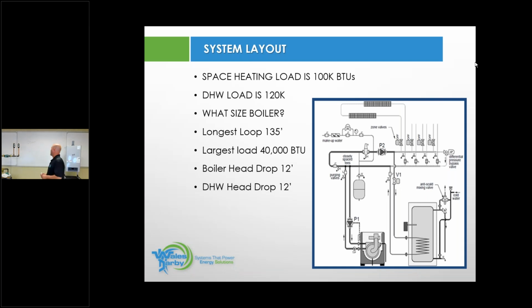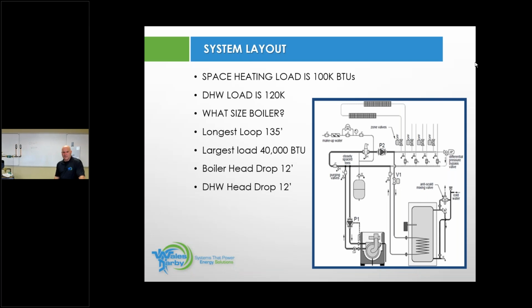All right, so we'll help here a little bit. 20-degree delta T, 20 times 500 is 10,000. 10,000 divided into this becomes this. So we have 12 gallons per minute. That's half of the equation. If you're looking at your circulator chart, you're going to go to 12 on the bottom of that chart.